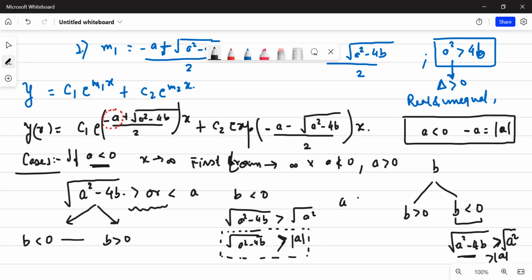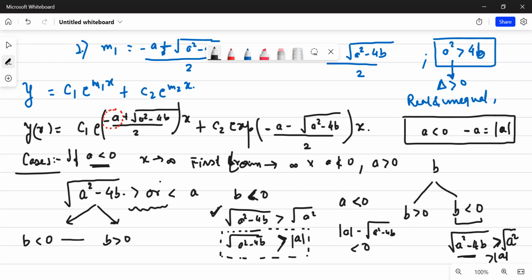Now if a is less than 0, I'm writing the first term as mod a minus root over a square minus 4b. Now tell me, will this be positive or negative? Clearly you know that if a is less than 0, and also if b is less than 0, then this will be greater than the magnitude of a. Well, overall this term will be less than 0.